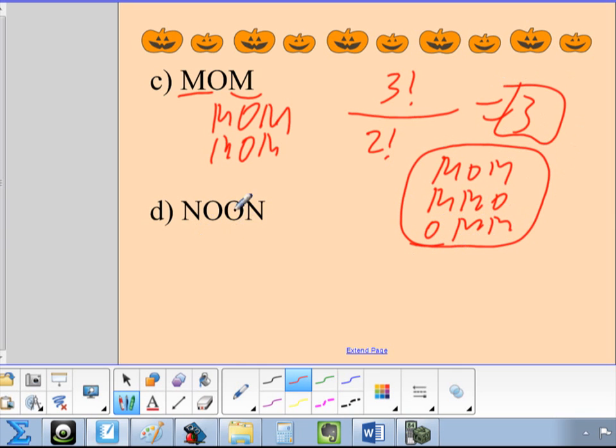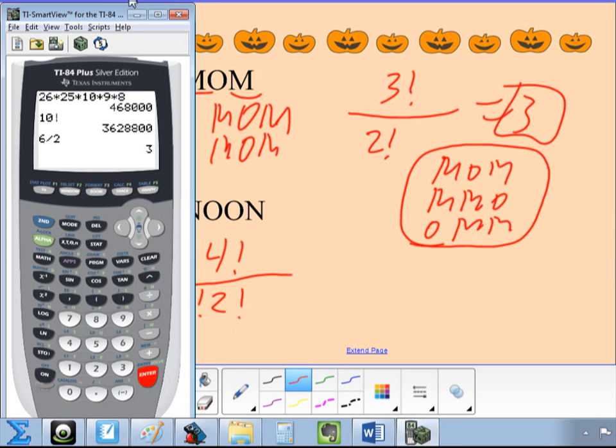Now it gets even trickier, noon. So here I've got 4 letters being rearranged, so 4 factorial, but I've got 2 different duplicates. So the N appears twice, so I have to divide out a 2 factorial. And the O appears twice, so I have to divide out another 2 factorial. Now when you put this into your calculator, you've got to put it in correctly. In other words, the denominator needs to be in parentheses.